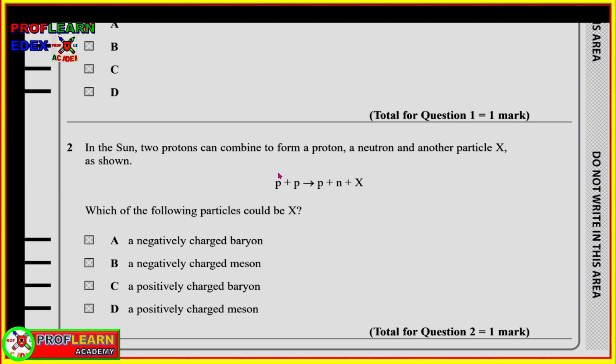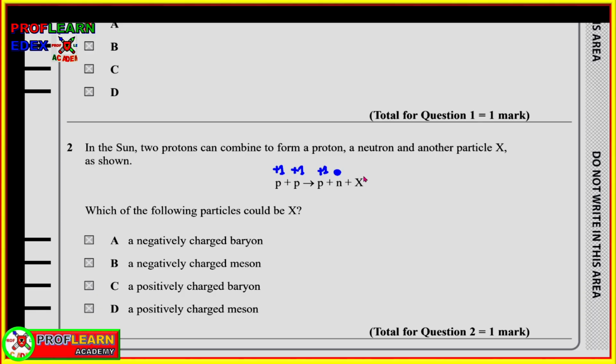Which means that charge here, we have a positive charge because for a reaction to take place, charge must be conserved. So this is a positive charge plus positive charge, and then we have here a positive charge, and the neutron has no charge, 0.